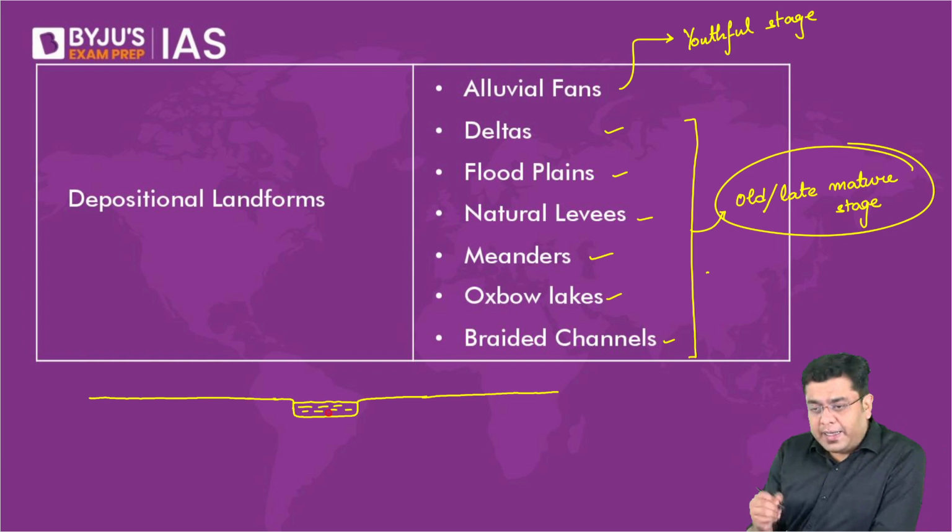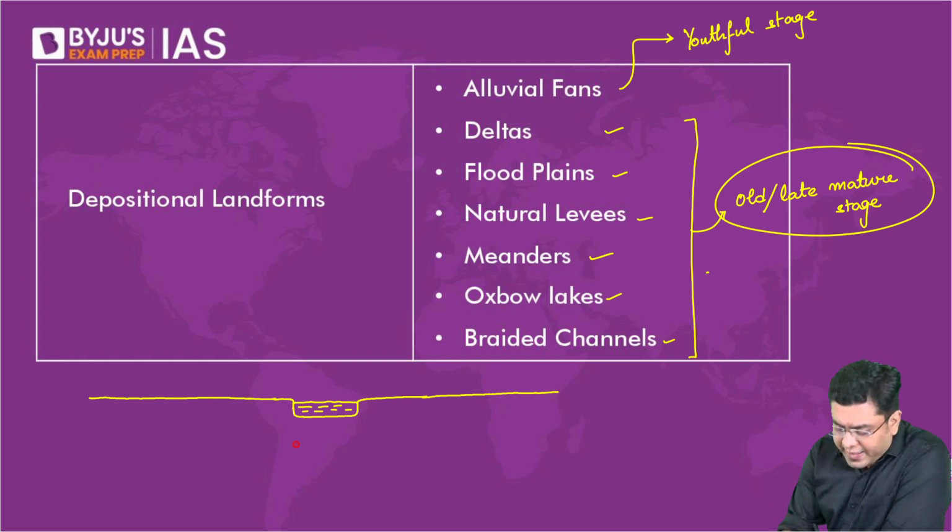Now, under normal circumstances, this is where the river will be flowing. But let's suppose there is a flood. Then the river will flow even in these areas.